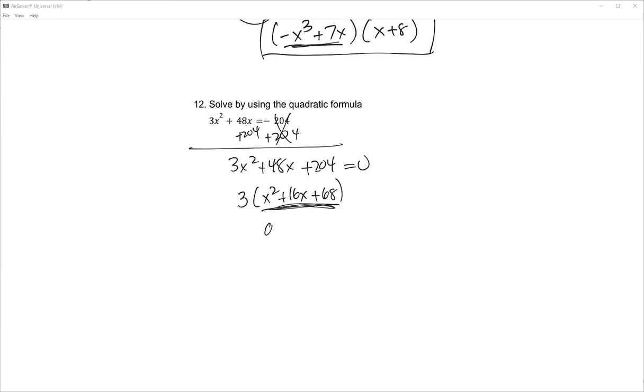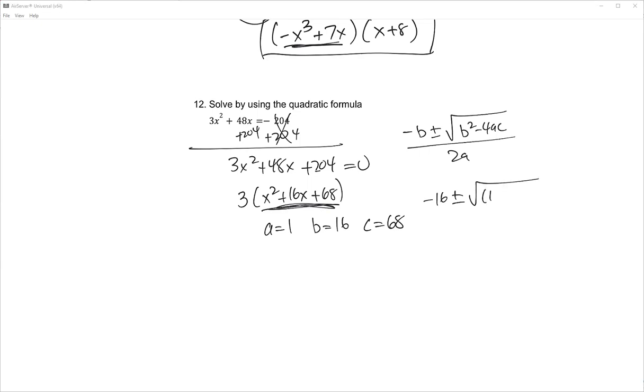So a is equal to 1, b is equal to 16, and c is equal to 68. Remember the quadratic formula, negative b plus or minus the square root of b squared minus 4ac all over 2a. So it'll be negative 16 plus or minus the square root of 16 squared minus 4 times 1 times 68, all over 2 times 1.